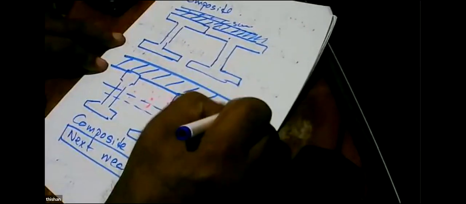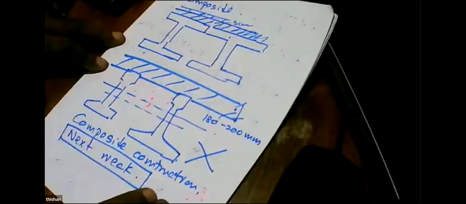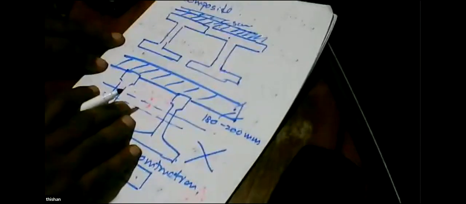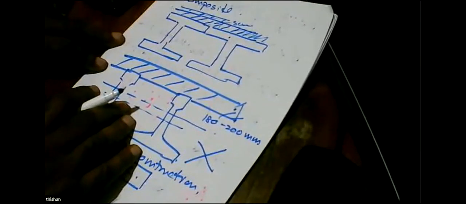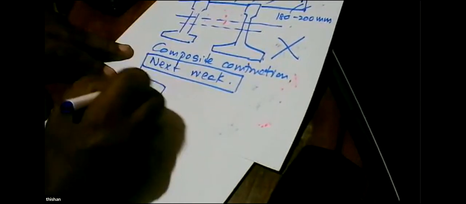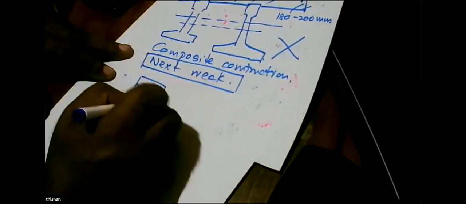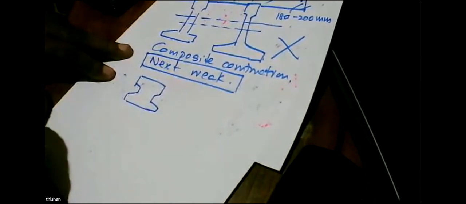In that case we cast a top slab of 180 to 200 millimeters, specifically cast. Here we are just having a screed and some carpet. So we are looking at a very simple situation, and in Sri Lanka also we had a simple solution for a bridge like this. It looks like this, a very shallow section.